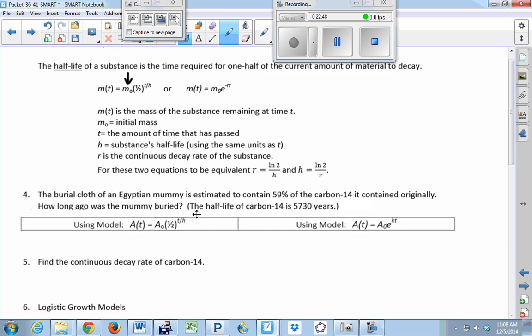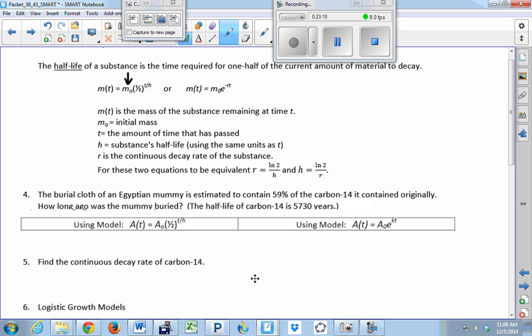When we die, the percentage of carbon-14 in our body starts to decrease based on this half-life right here. So to have 50% of the carbon-14 we have right now, 5,730 years will have had to pass.